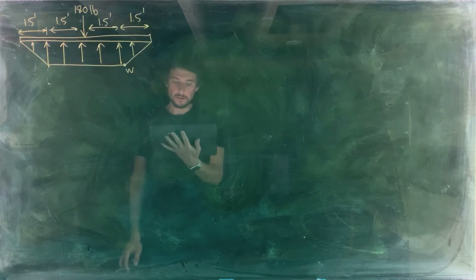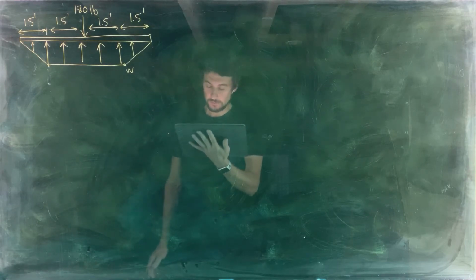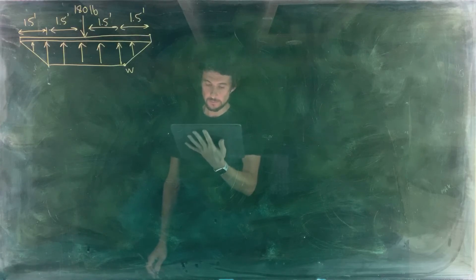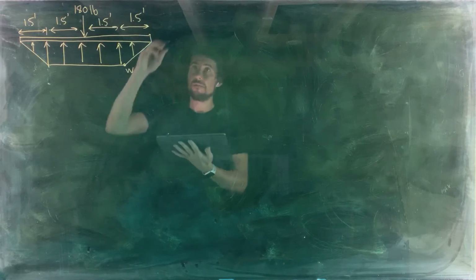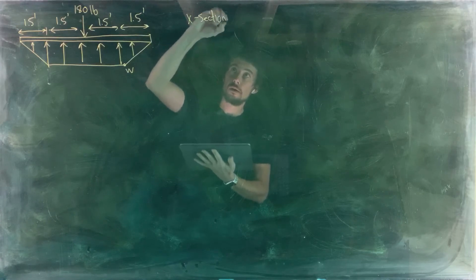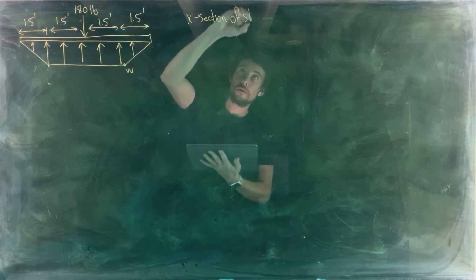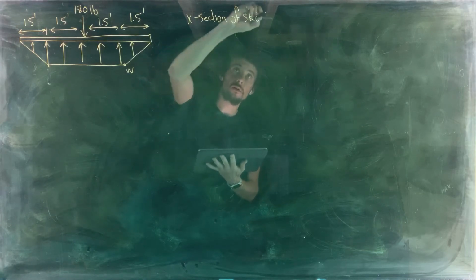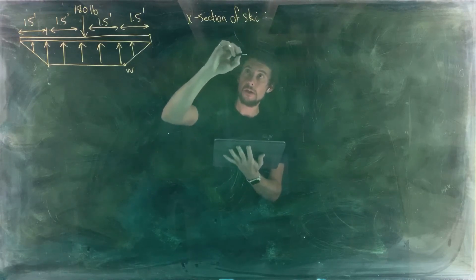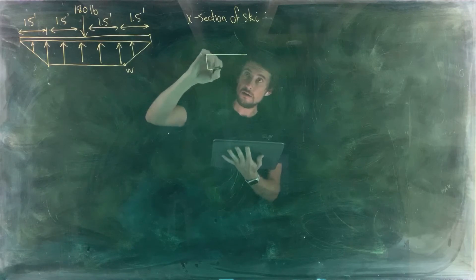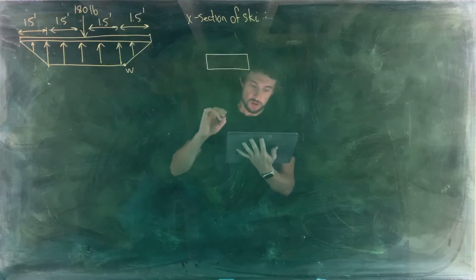It's pretty long for skis these days. It wasn't so long when I was growing up. The cross section of the ski looks like this. It's a composite that has a foam core.